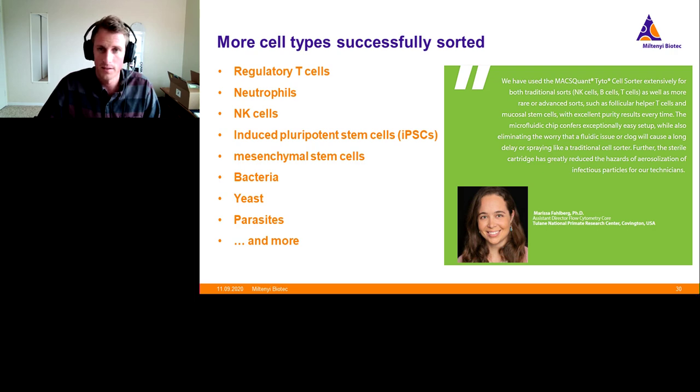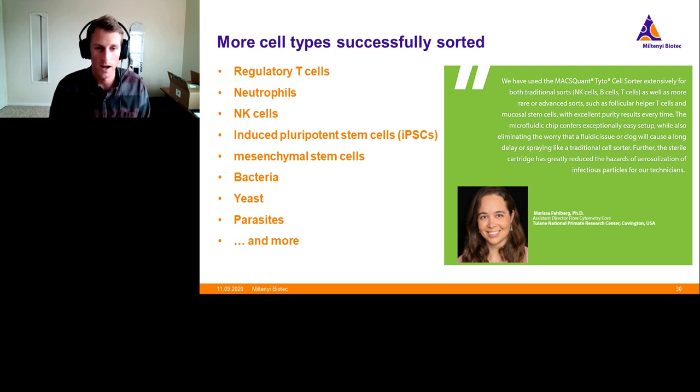Lots of different cells have been sorted on this device. Obviously, when you come out with a new machine, you just have to get it out there and start trying a bunch of different things. But whenever this device has found its place into a core, that's a great way to get introduced to lots of different cell types. And what you'll notice is that a number of these examples have a variety of different sizes too.